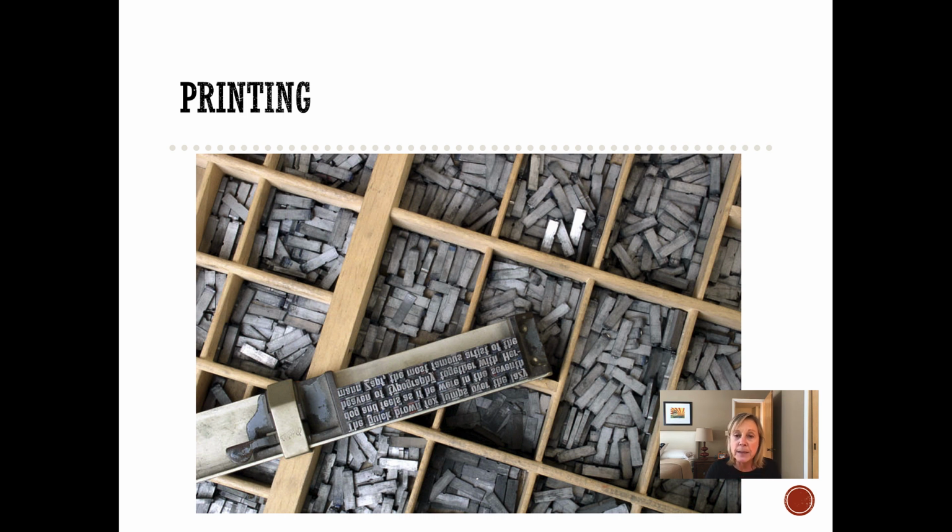Now, the thing about letterpress is that a page had to be built backwards. The reason the page had to be built backwards is because if you place the letters in a form left to right, forward reading, if you put a piece of paper on top of that inked form and then you turn that paper over, those letters are going to be backwards.